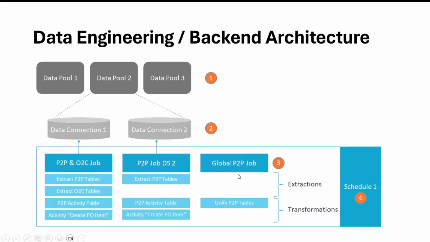You can create a global job that would utilize data from different systems without a connection, and it can be used to unify the tables. As an example here, you can see this data connection, you're doing the extraction of P2P tables and the transformation of P2P tables, likewise here. This is not connected to this, but you can use the transformed table here to create a unified P2P table. And that's where the global data job happens.